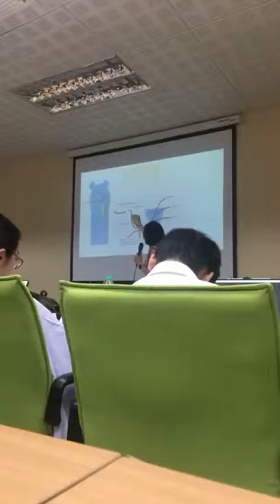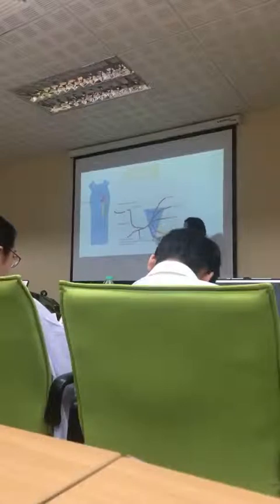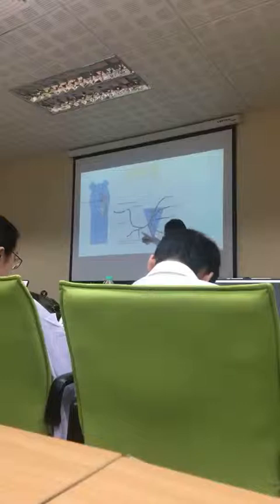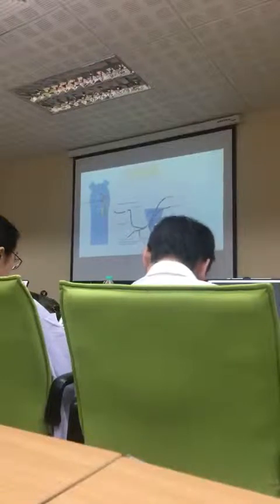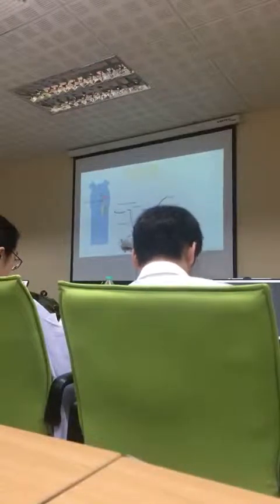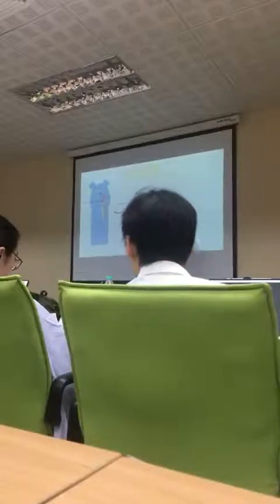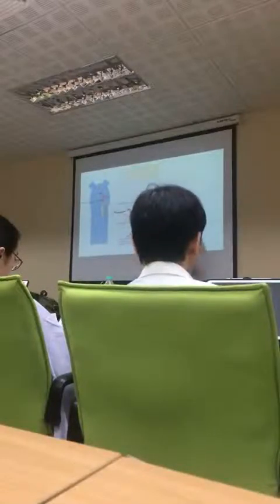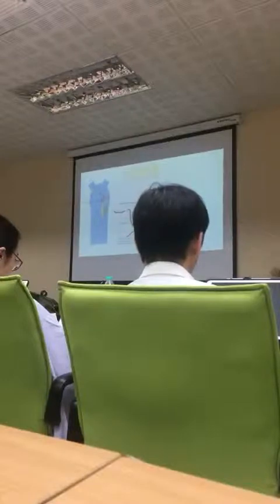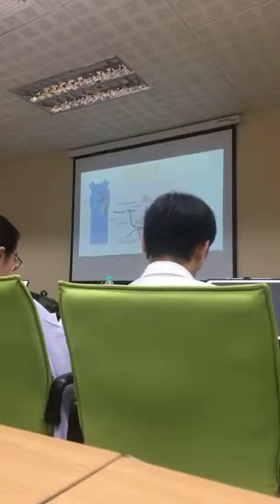Then the black one that I try to connect goes to this kind of thing. What does this nerve go to? This goes motor, right? It supplies the muscles of facial expression, stylohyoid, posterior belly of digastric, and then posterior auricular, occipitalis muscle, and auricularis posterior and superior. So this is the motor.